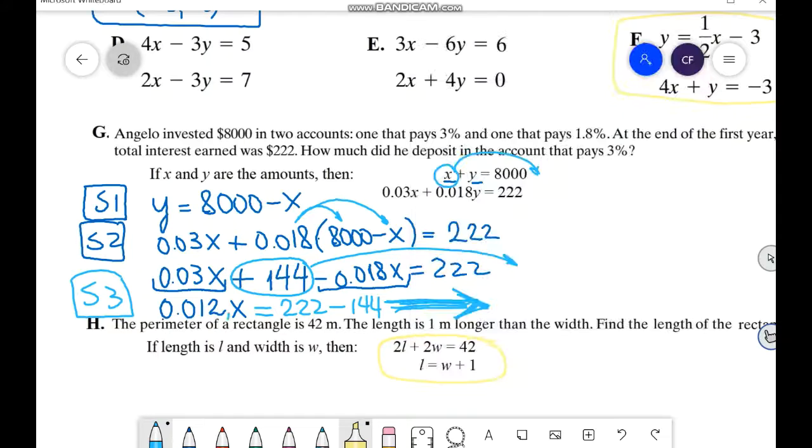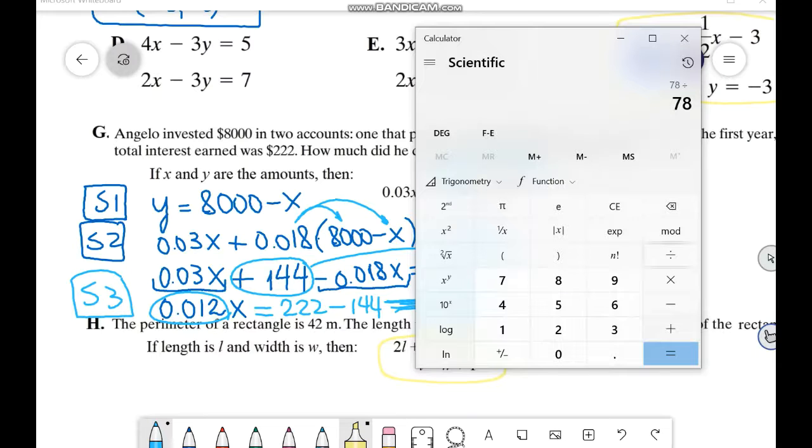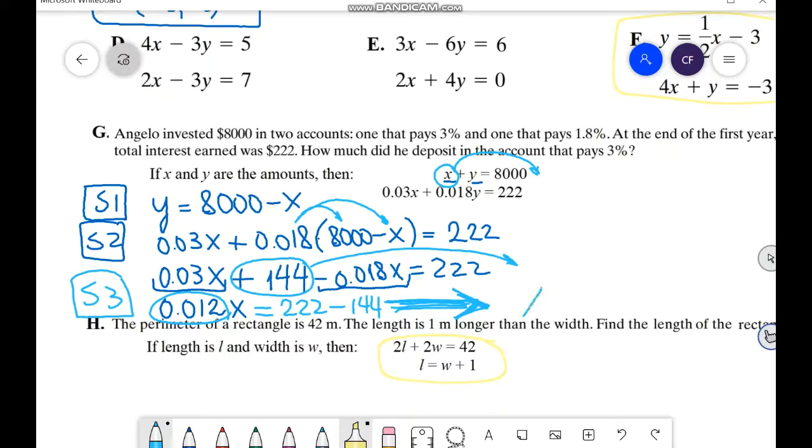And 78 divided by 0.012, oops, too many zeros. 0.012 equals 6,500. X equals 6,500. This is the answer for letter G.